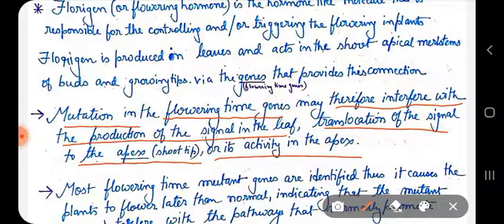So the flowering time genes, which are responsible for conveying this florigen, the flowering hormone that controls or triggers the flowering in plants, to the shoot apical meristem, if those flowering time genes get mutated, then it will interfere with the production of the signal in the leaf.